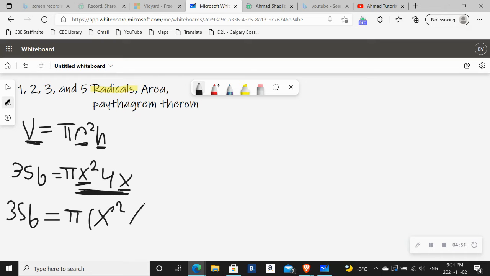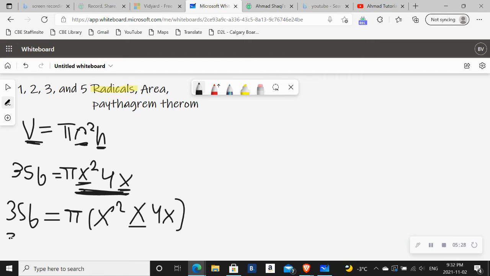Okay, x squared multiplied, I'll give it an underline to make sure you know that this right here is going to be multiplied by 4x. Okay, and so x squared times 4x, that is 4x cubed. So let's write that down.